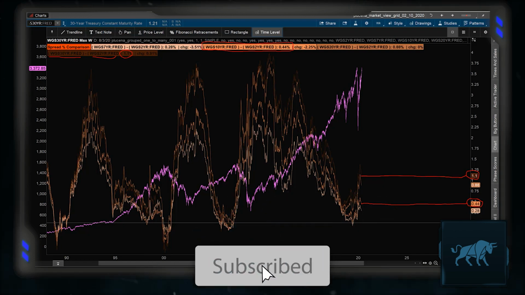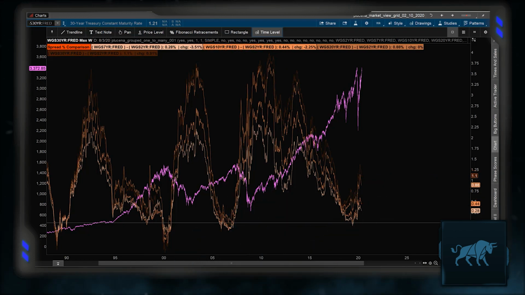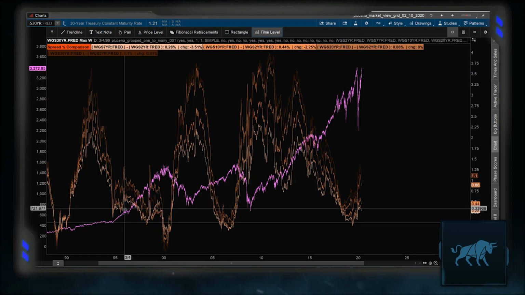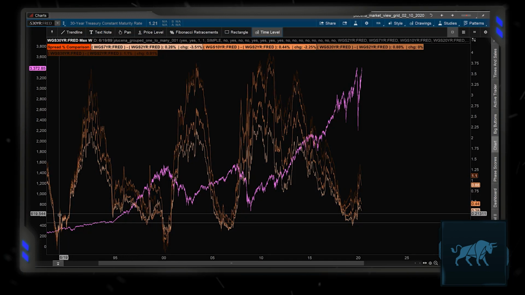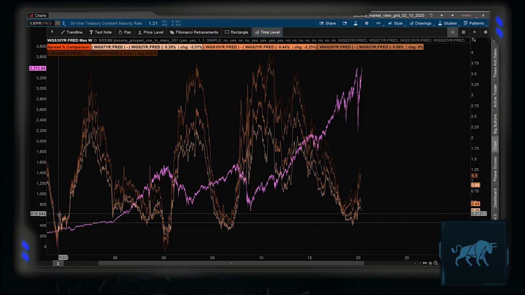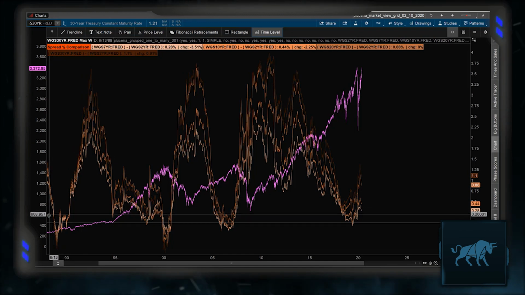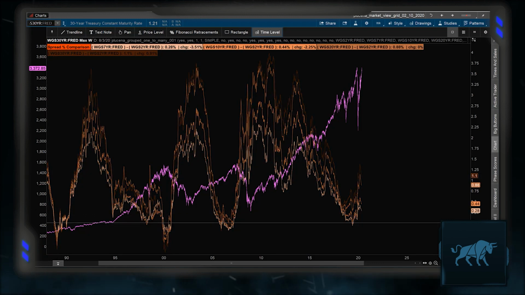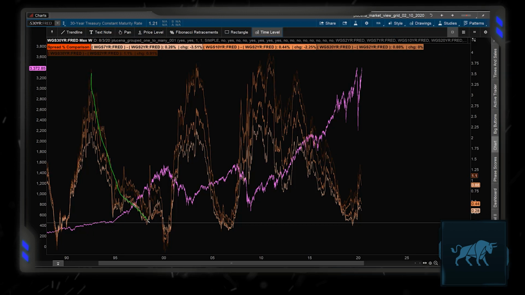You may be asking, what does the yield curve have to do with the overall marketplace? Well, it has a lot to do with it. If you look at the patterns we have been able to observe going back to 1990, we find that the stock market really likes when these spreads are narrowing, when they're coming down.